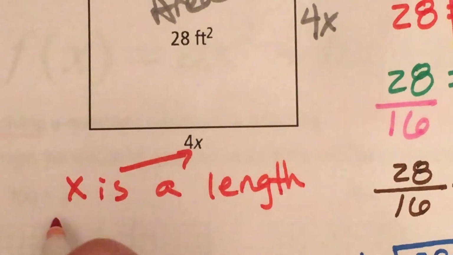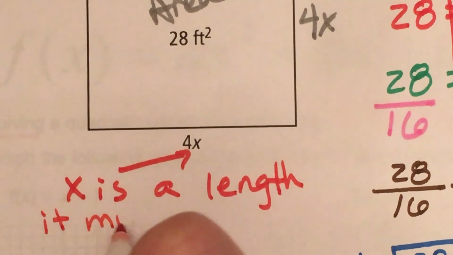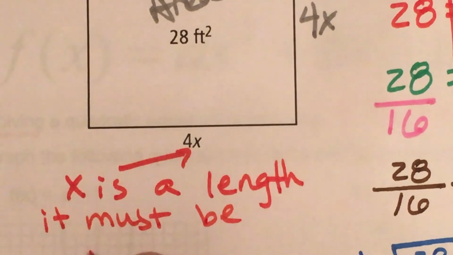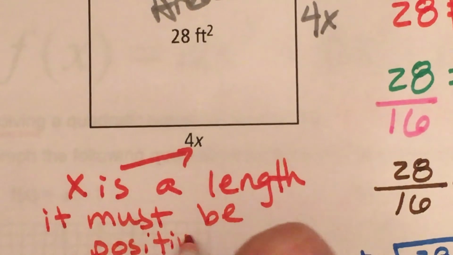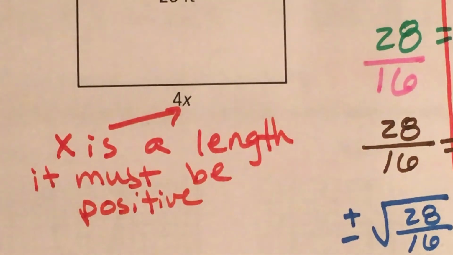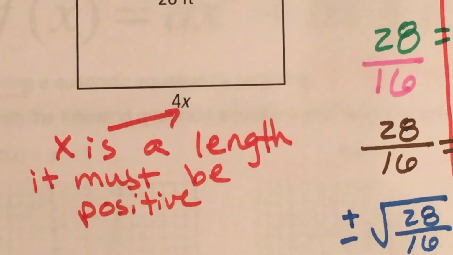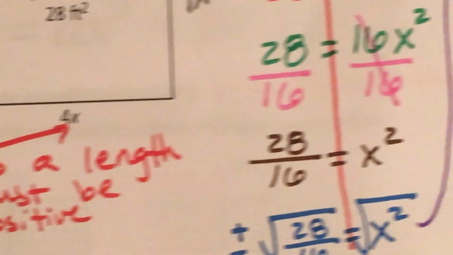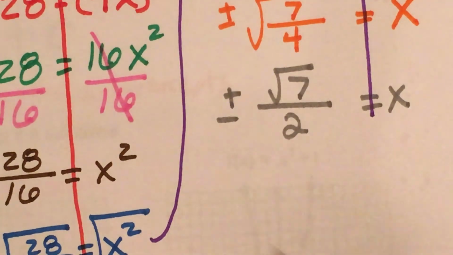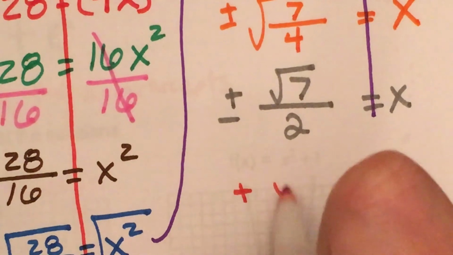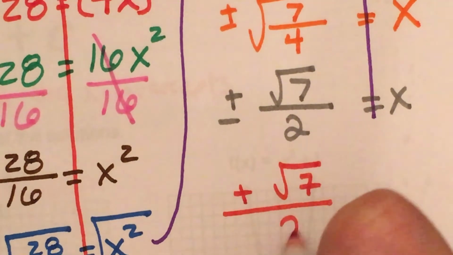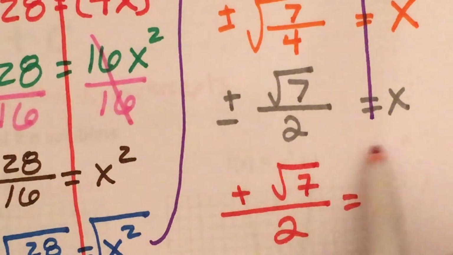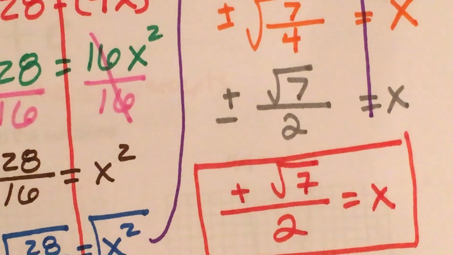So it must be positive. So my final answer will be a positive square root of 7 divided by 2 equals x. And now I'm done.